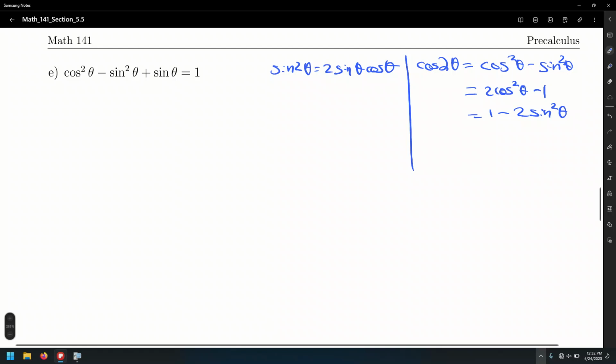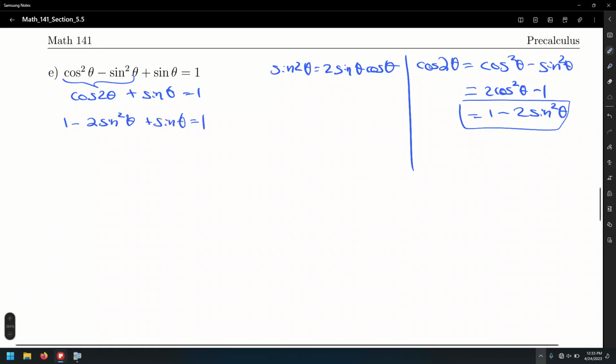We could actually, well, how about, yes, to begin with, let's write it as cosine 2 theta plus sine theta equals 1. And well, this cosine 2 theta, let's have everything in terms of sine. That is 1 minus 2 sine squared theta plus sine theta equals 1.